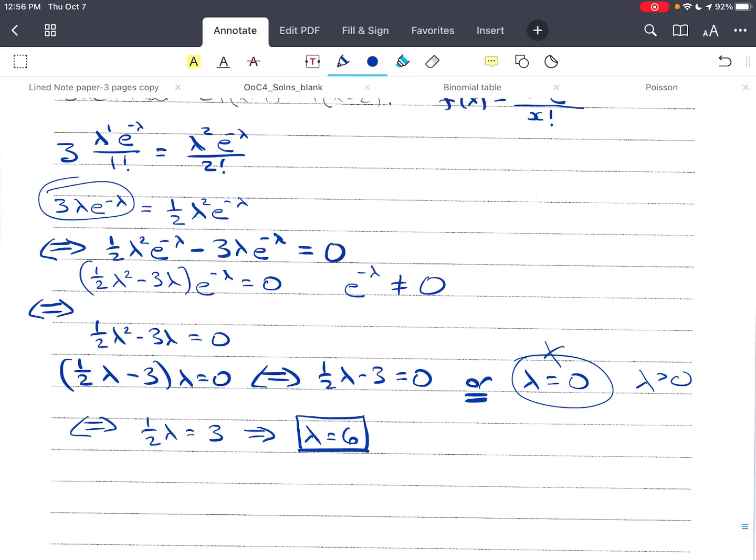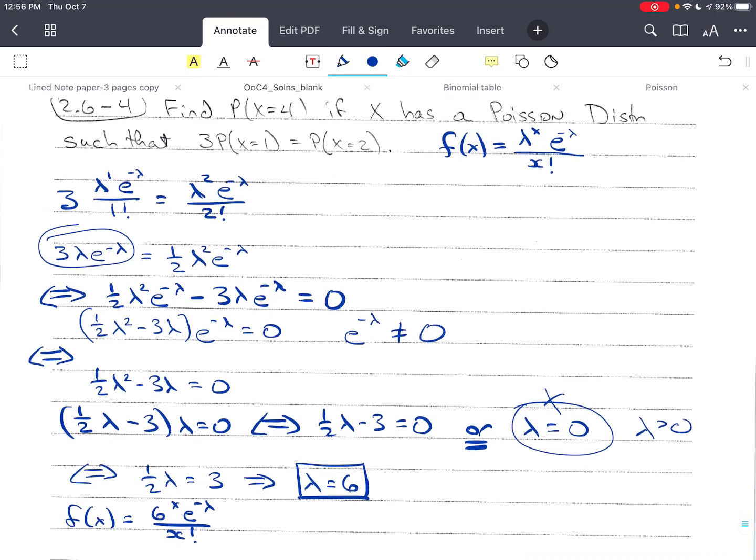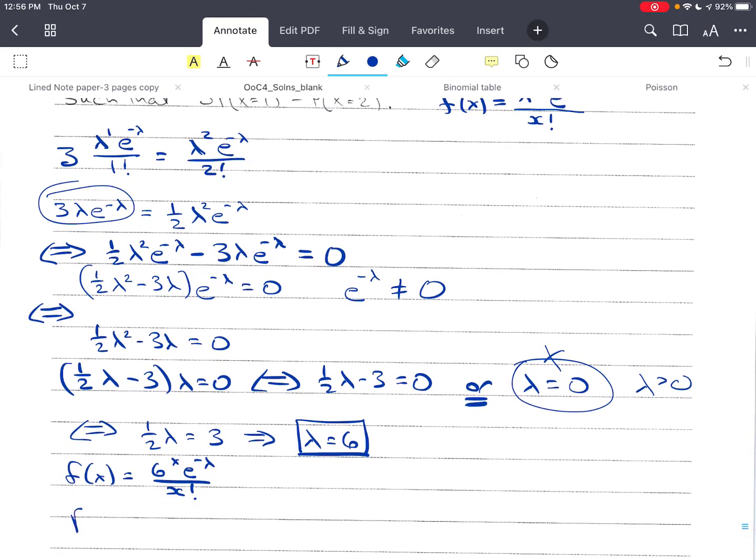And therefore, f of x is equal to 6 to the x, e to the negative 6 over x factorial, and the probability x is equal to 4 equals f of 4 equals 6 to the 4th, e to the negative 6 over 4 factorial. I know what lambda is here, that's 6.